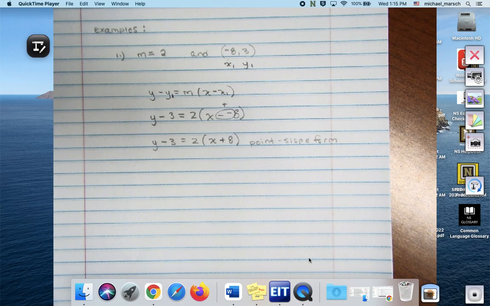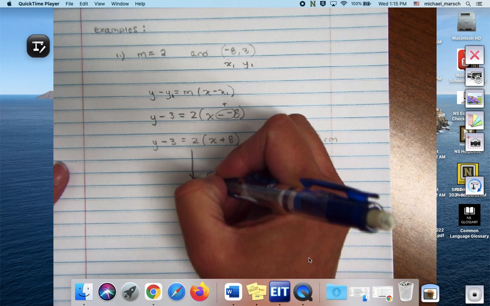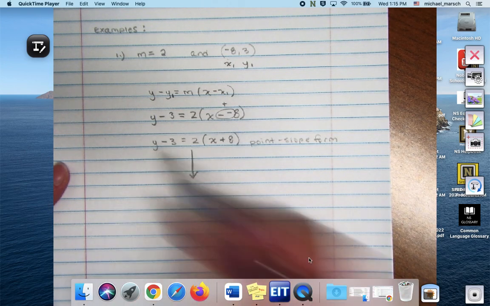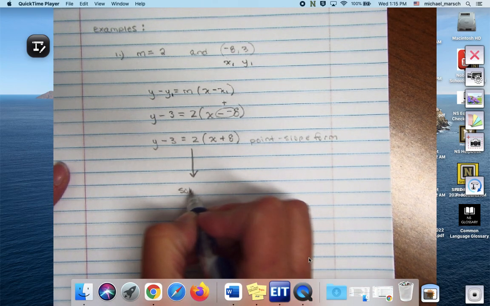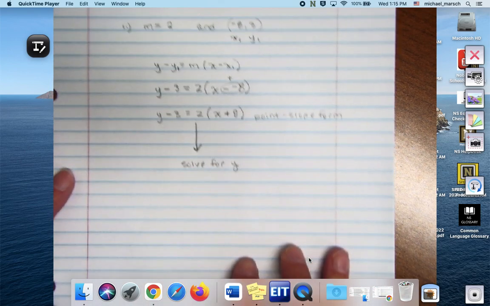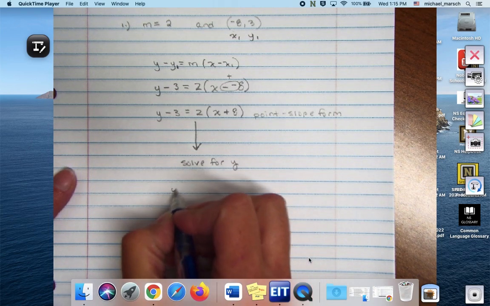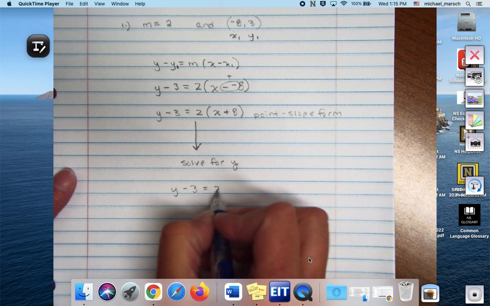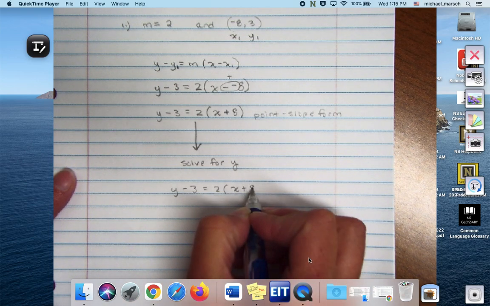I still don't have slope and my y-intercept. I'm actually now going to take this and I'm going to solve for y.